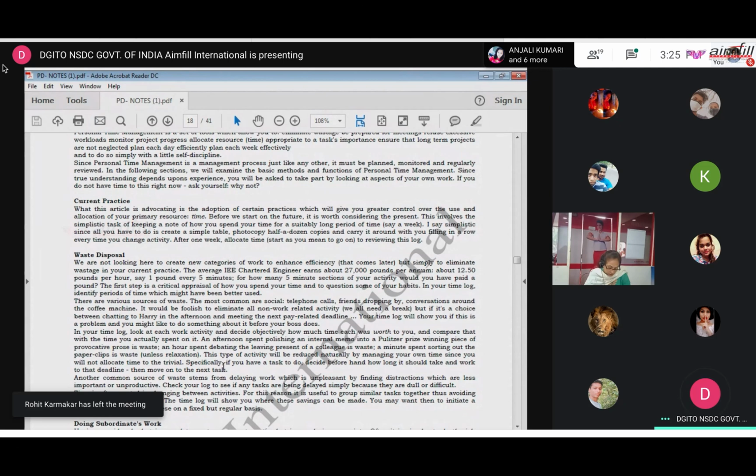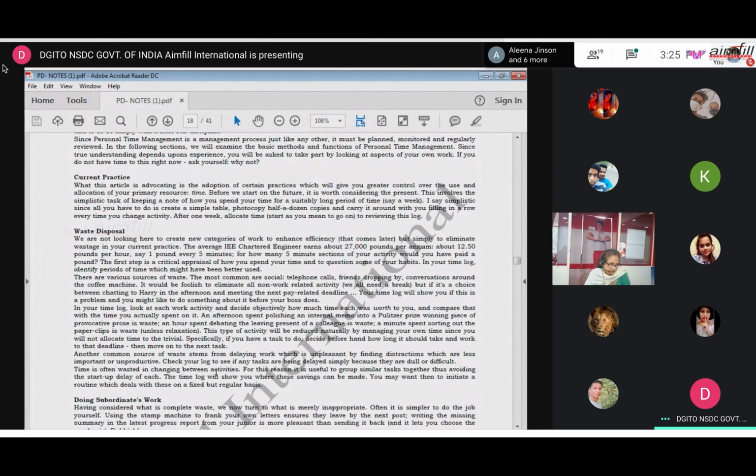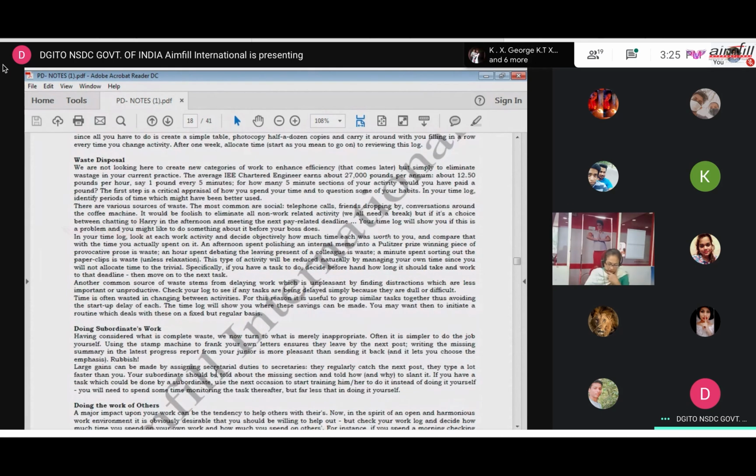Number 2, make notes of how you spend your time for a week. Second one: make notes on how you spend your time for a week.